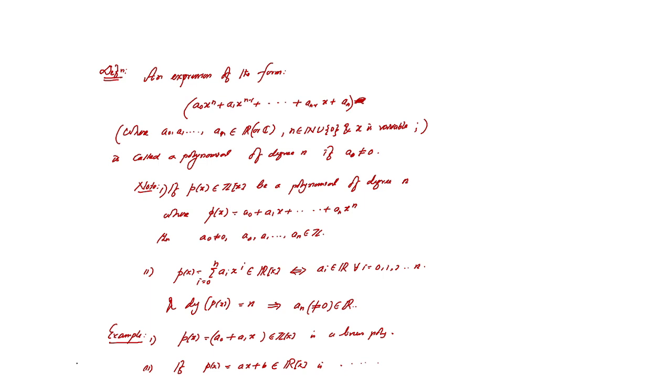As for example, say we have taken the polynomial p(x) equals an x to the power n, an minus 1 x to the power n minus 1, plus a1x plus a0, where ai are either real numbers or complex numbers for all i equals 0, 1 to n, and n is non-zero.